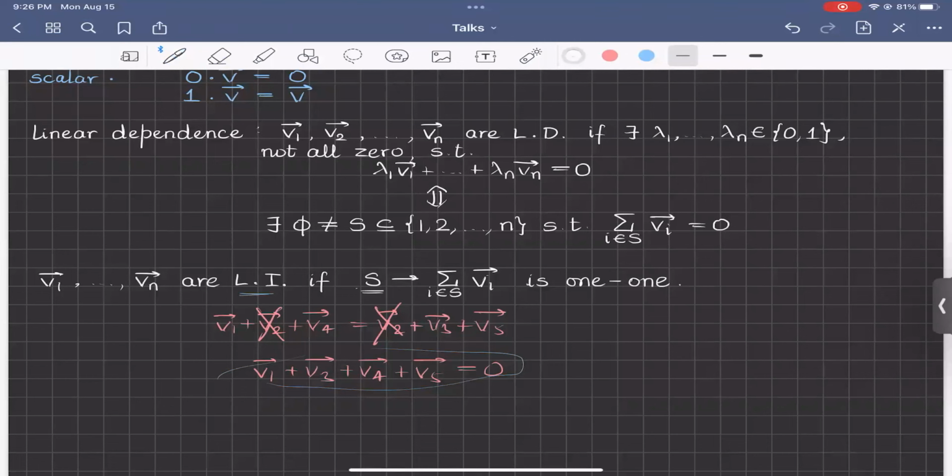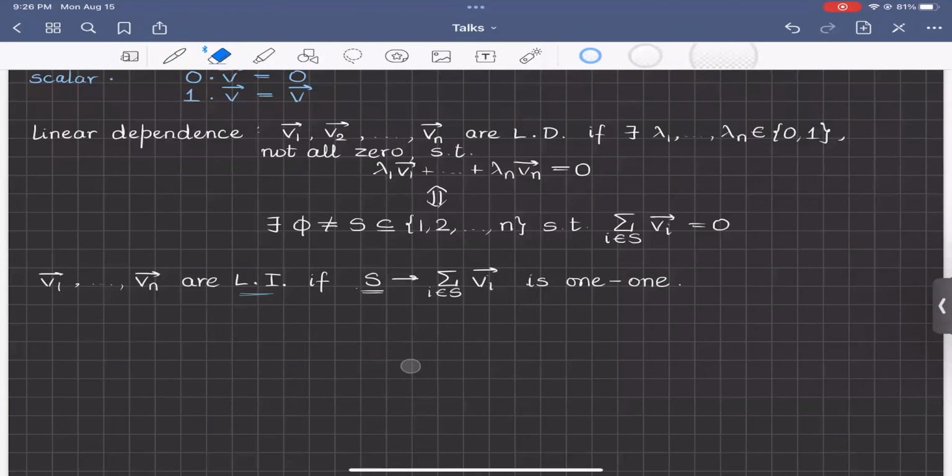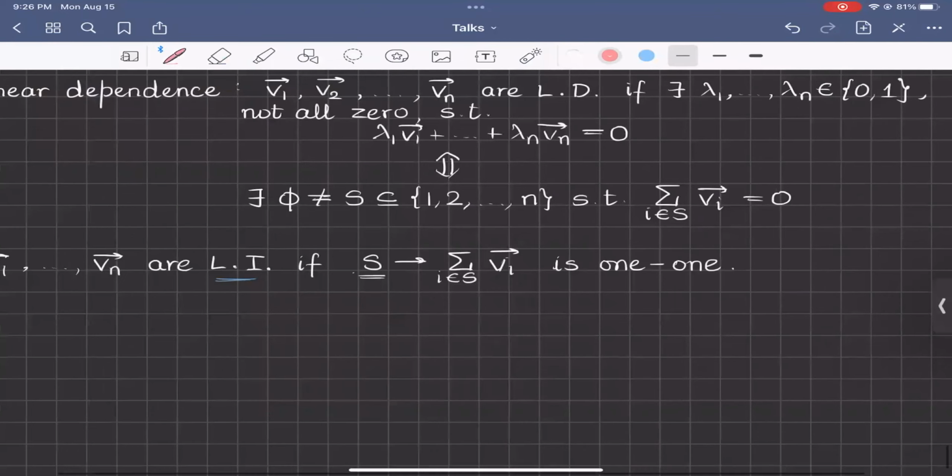So this is over all subsets, not just the empty set. Okay. This summation over i belonging to S goes over all i in S, and this is a function from the power set of up to n to F2 to the n, defined as f of S is equal to this.